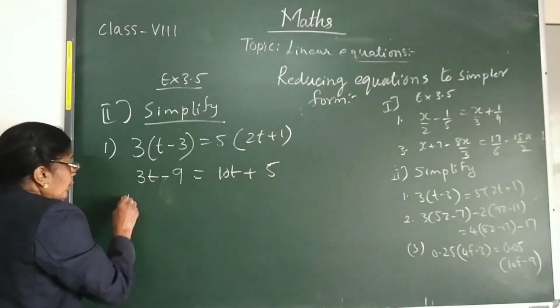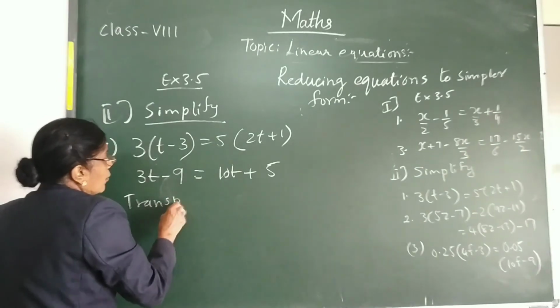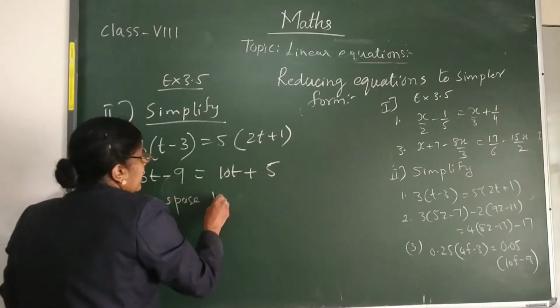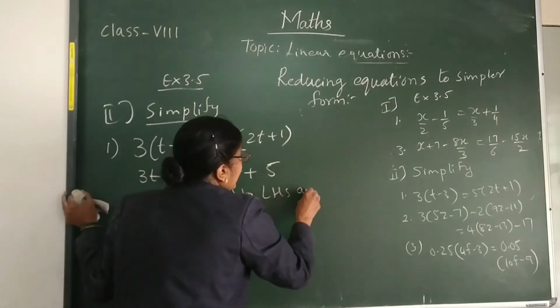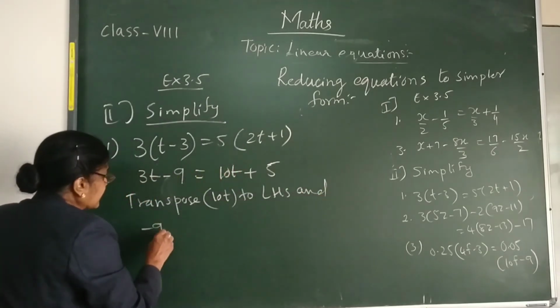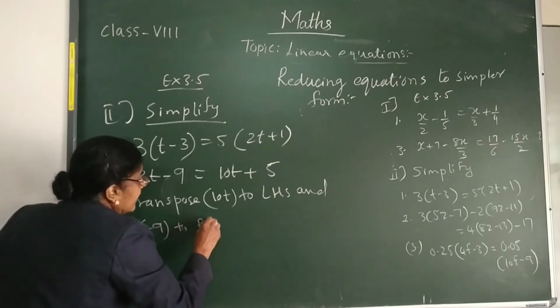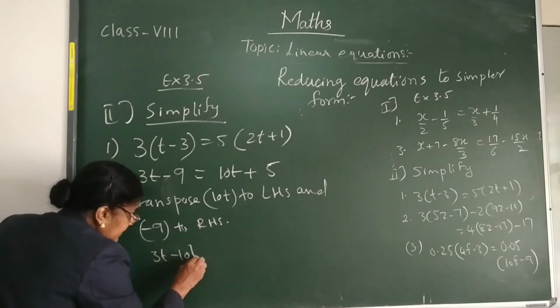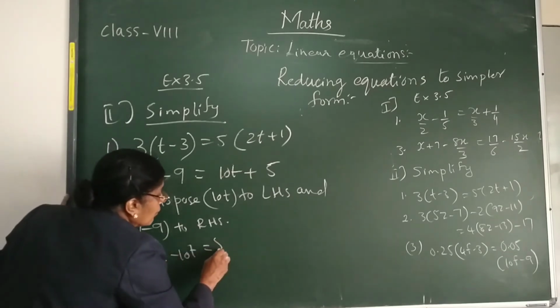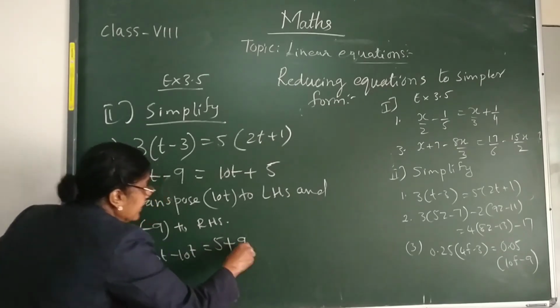So I am going to write together: transpose 10t to the left hand side and minus 9 to the right hand side. So what shall I get? 3t minus 10t is equal to 5 plus 9.